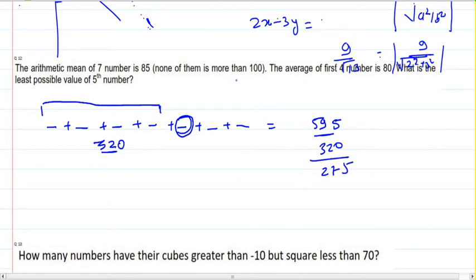Now, none of them is more than 100. So the maximum they can hold is 100. Because if I maximize the 6th and the 7th number, the 5th number becomes least by default. So if I give 100 and 100 to the 6th and 7th number, I've got 200. That tells me the 5th number should be 75 at the minimum, at the least.